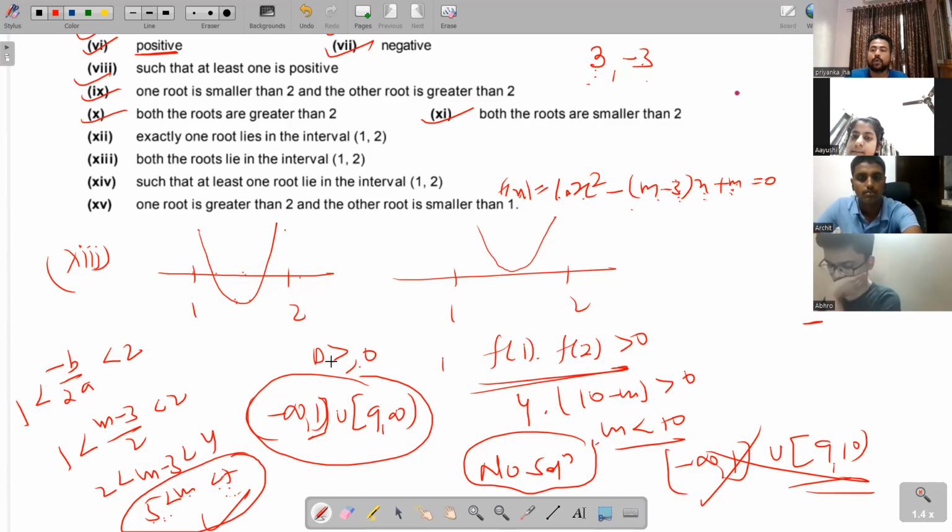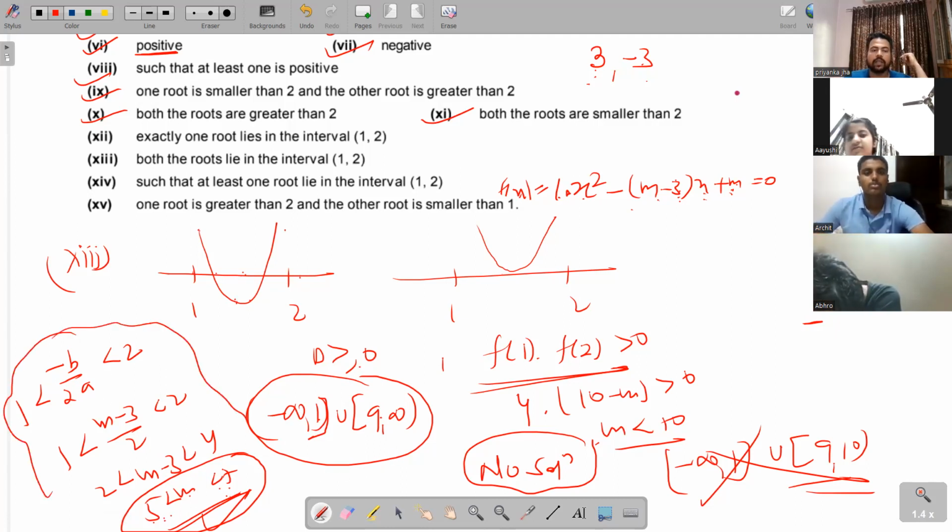See, for roots to be real, m has to be either less than 1 or more than 9. So this does not satisfy this. So m can't take any value. It will not have any real roots if m lies in this range. So no solution. मैंने ये वाला पहले वाले के लिए कर दिया था गलती से. Okay, ठीक है, नोट करो.